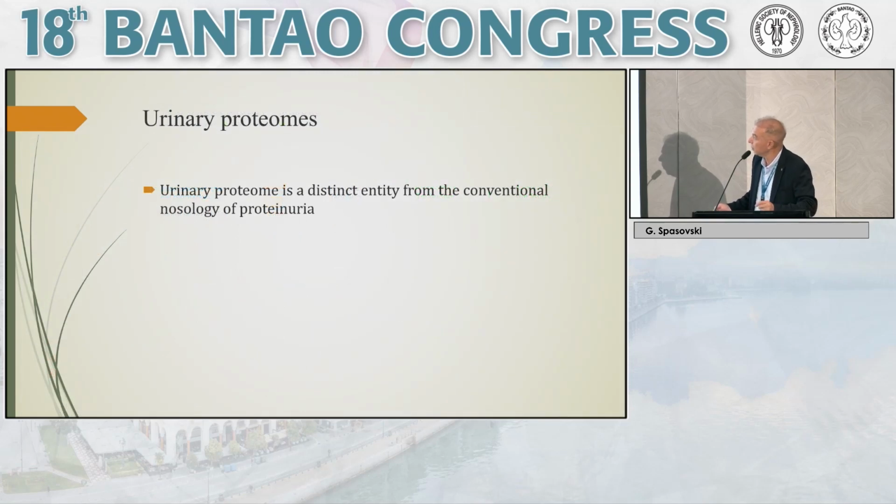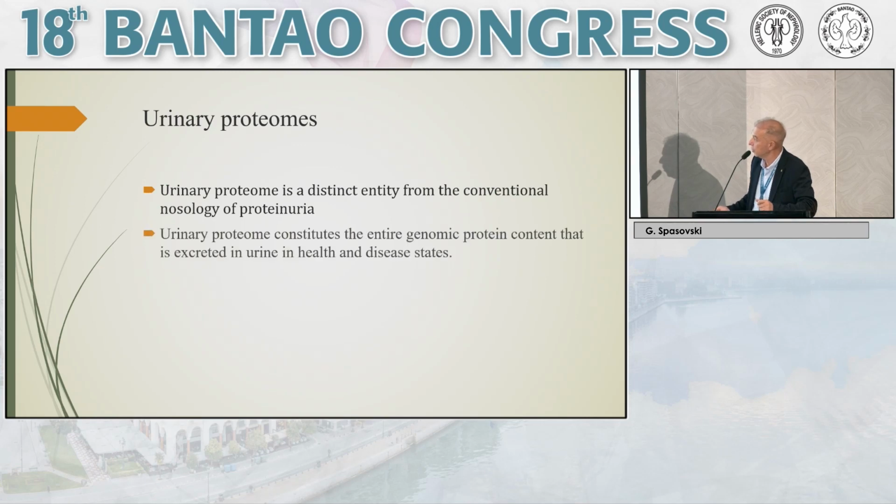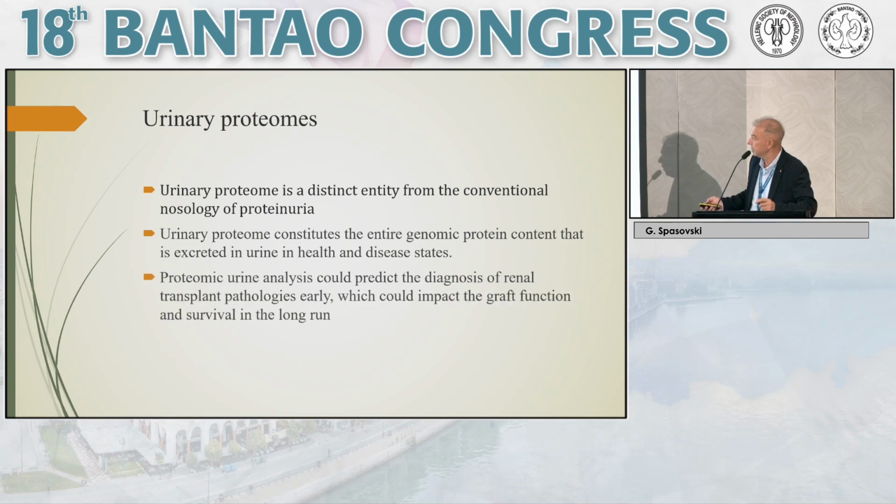So the urinary proteome is a distinct entity from the conventional nosology of proteinuria; it constitutes the entire protein content that is excreted in urine in health and disease states. Proteomic urine analysis could predict the diagnosis of renal transplant pathologies early, which could impact graft function and survival in the long run.